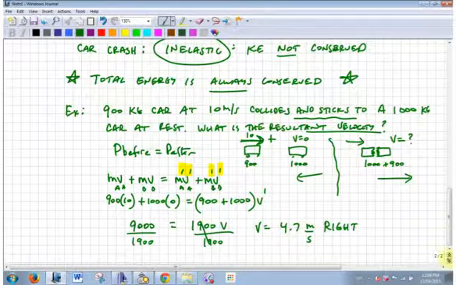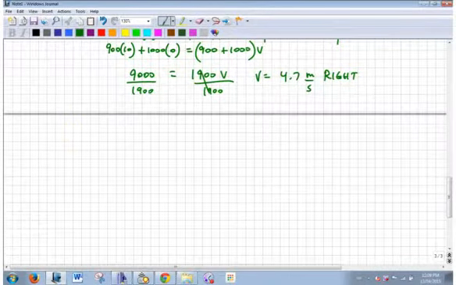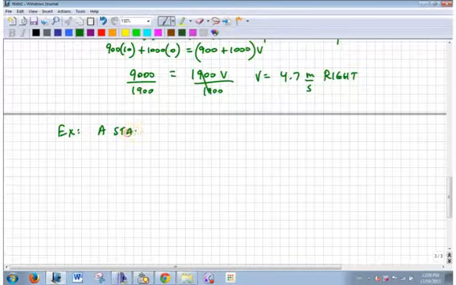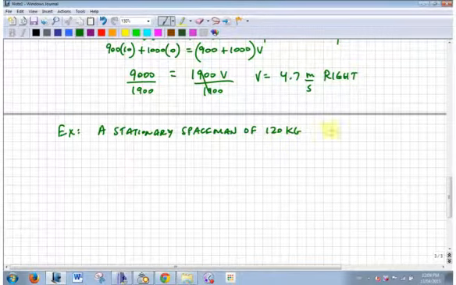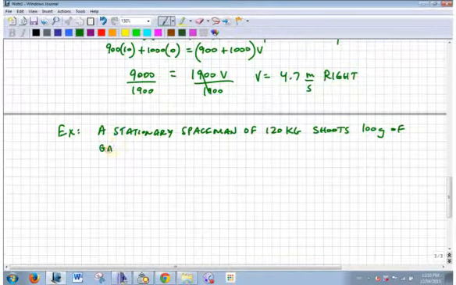Okay, I got more examples. Let's do an explosion. A stationary spaceman of 120 kilograms needs to go back to his spaceship. I'm not writing that, I'm just saying it. Shoots 100 grams of gas.